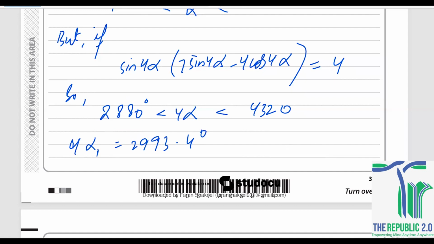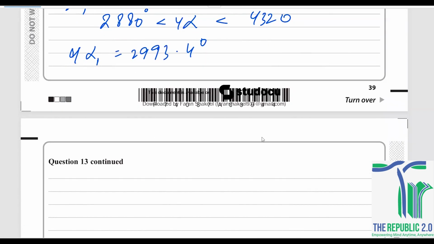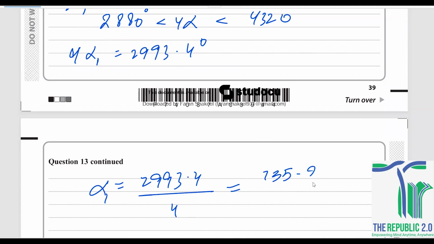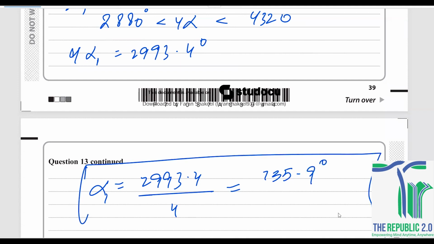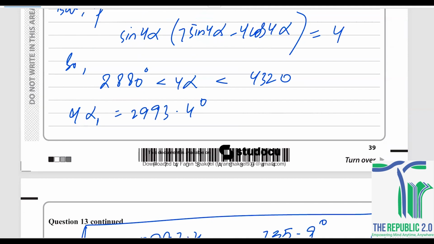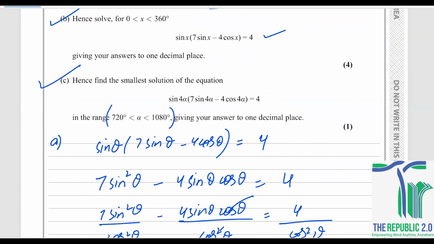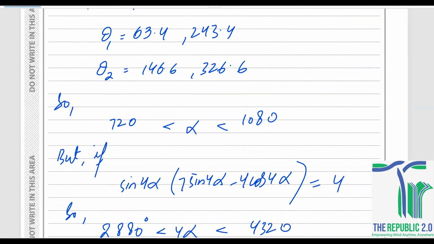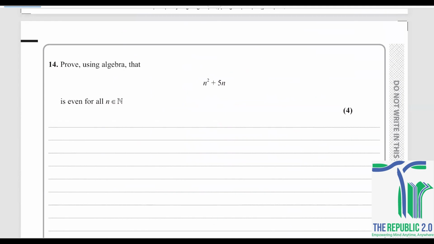But we're not looking for 4 alpha, we're looking for alpha 1. So alpha 1 has to be 2993.4 divided by 4, and that's going to give you 735.9 degrees. So that is how you can get these angles. Okay. And that was the smallest angle we're looking for. So we're done with the C part, and now we have this D part.